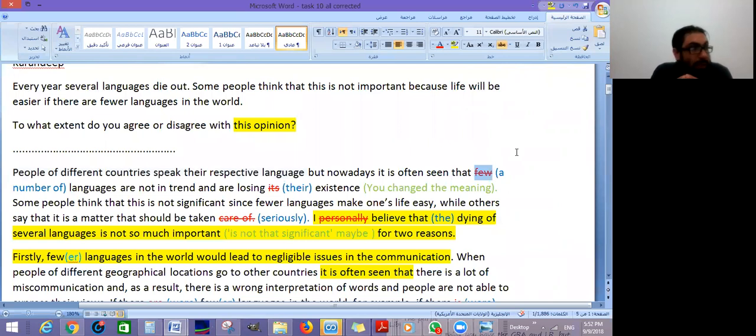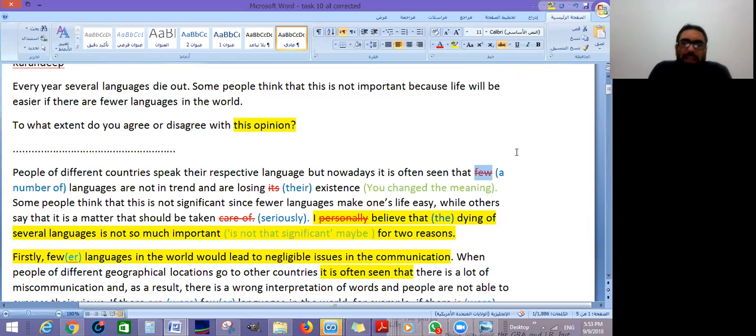When I say negative connotation, I mean that it has a negative side to it. If I say there are few good IELTS teachers, it means they're not enough. There are few, there should be more. If I say there are a few good IELTS teachers, here it has a more neutral meaning. So just adding or taking away "a" changes the whole meaning.